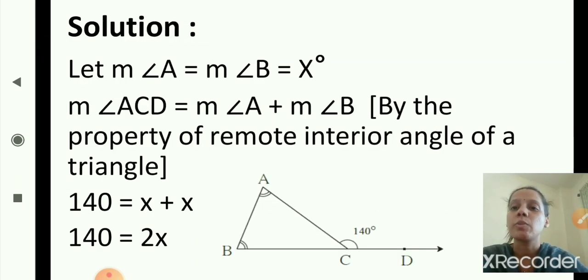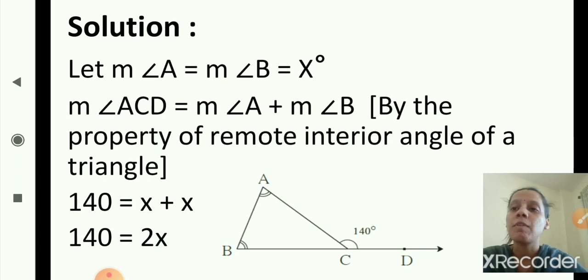As you can see here, measure of angle ACD is given 140 degree, which is exterior angle of a triangle ABC. Then we will consider angle A and angle B is x degree. What is the measure of angle A? X degree. What is the measure of angle B? X degree. Correct.